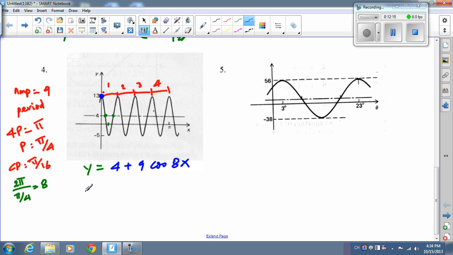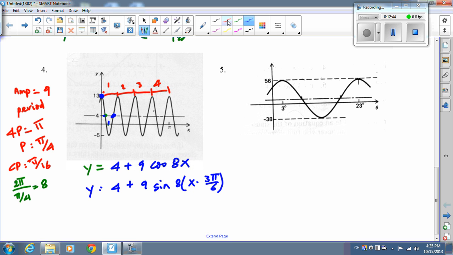For the sine, instead, it will be y equals, the same 4 will remain. Instead of plus, let's pick this point. This point seems easy. So this is 1 pi over 6, 2 pi over 6, 3 pi over 6, if you count. Here's the first one, second, third. So it's 4 plus 9 sine of 8, which remains the same, and here you have x minus 3 pi over 6.